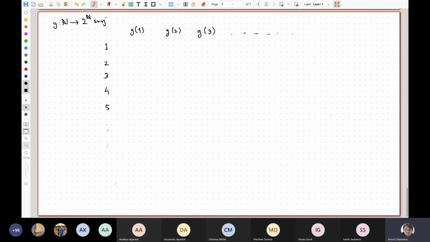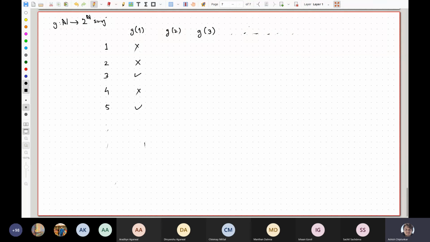Okay. Now let us note down these subsets. So let us put a tick mark. Look at G1. It could be a finite set, infinite set, I don't know. But let us put a tick mark corresponding to all elements that G1 contains. So probably G1 contains this, doesn't contain this, contains this, no, something.